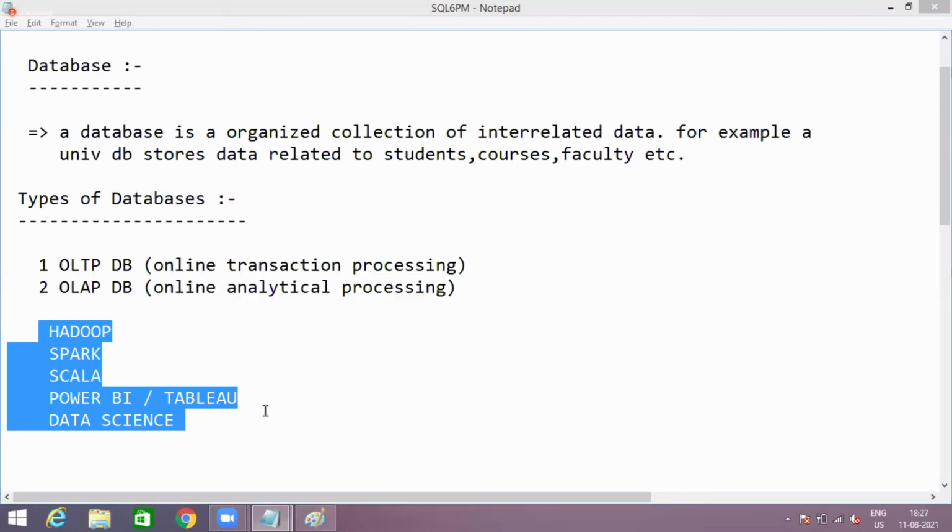So don't think that we can't analyze using SQL Server. We can do the analysis using SQL Server also.